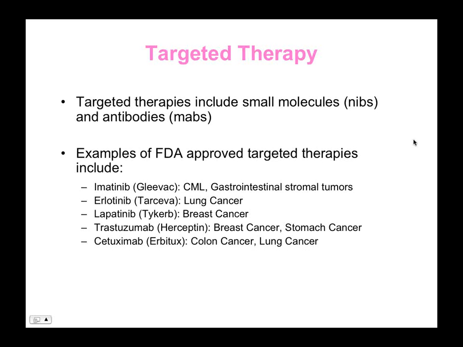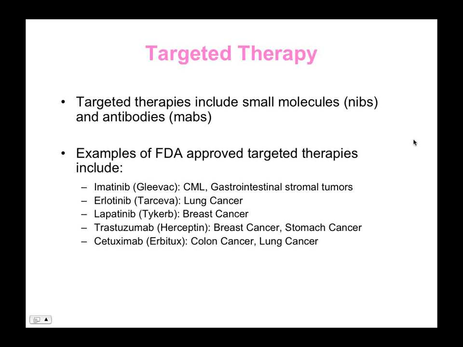And so targeted therapies have just exploded. We talked about immune therapies, antibodies being under the umbrella of immune therapies, but these targeted antibodies are also under the umbrella of targeted therapy as well. So targeted therapies include some small molecule inhibitors of specific targets as well as antibodies.